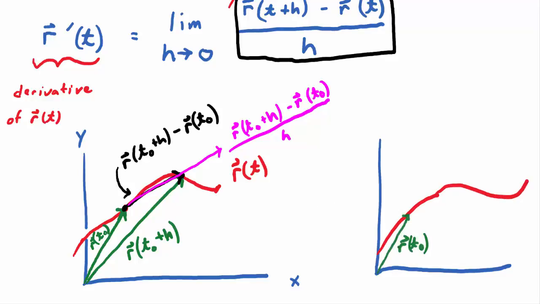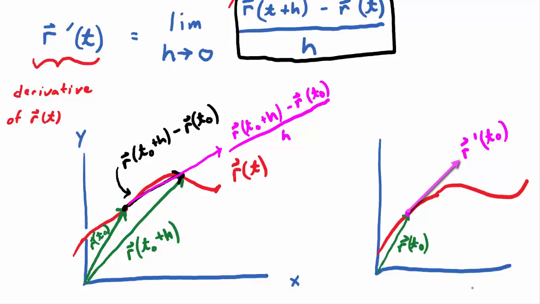If we take h to 0, then this difference quotient of vectors would approach a tangent vector, wouldn't it? So if you place the tail of this vector at the tip of r of t naught, then I don't think it's too hard to believe that it might actually be a tangent vector. So this vector would represent r prime at t naught.